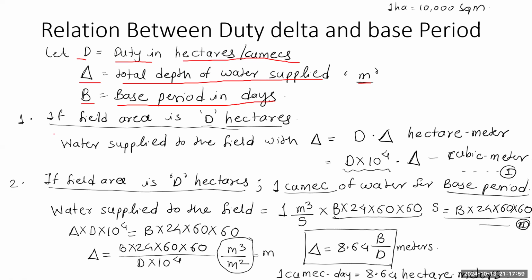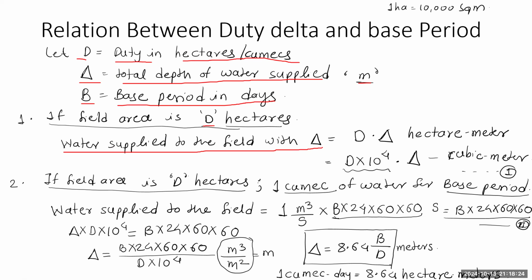Now we are going to derive a relation. Assume that the field area is D hectares. From this we have to find the water supplied to the field if the total depth of water applied is delta.